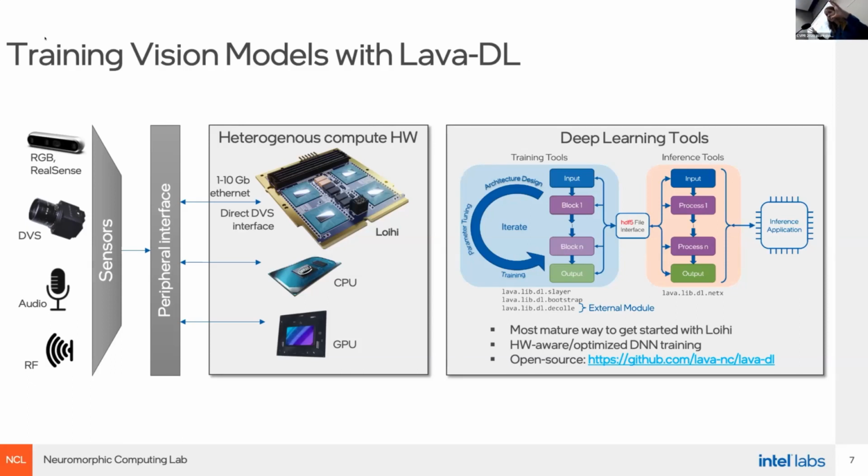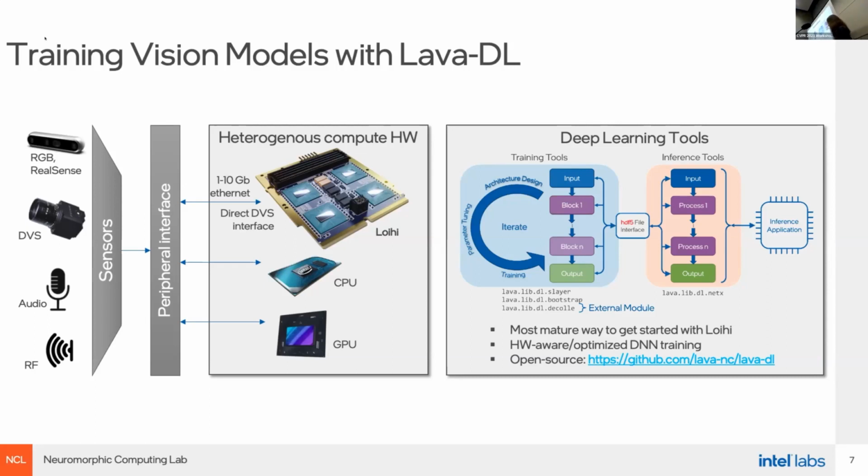We use Slayer to train networks directly in the SNN domain. You can train the network as an artificial neural network and then transfer it into the SNN domain. And then we have the interface using HDF5 files to port your network onto Loihi for inference.